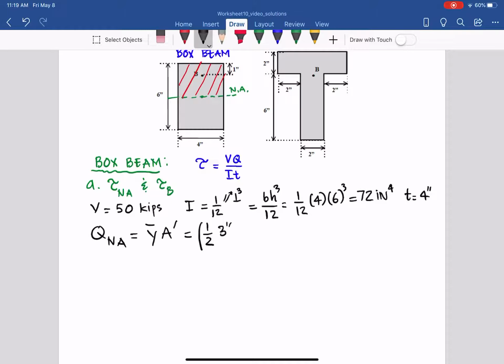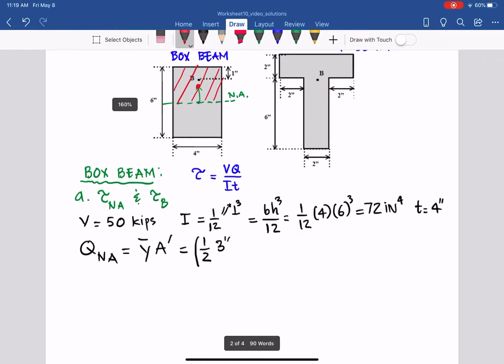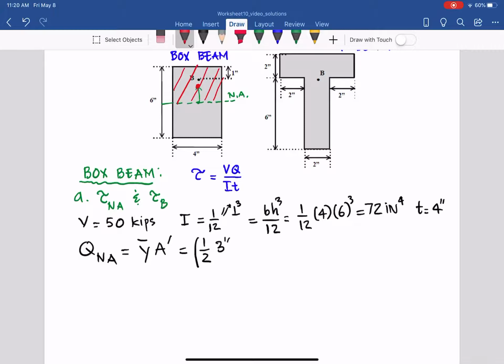From the neutral axis to the centroid of that red area, and the height of the beam equals 6 inches, so half of that is 3, and it's only half of that red, so it will be 1/2 of the 3 inches times the area.